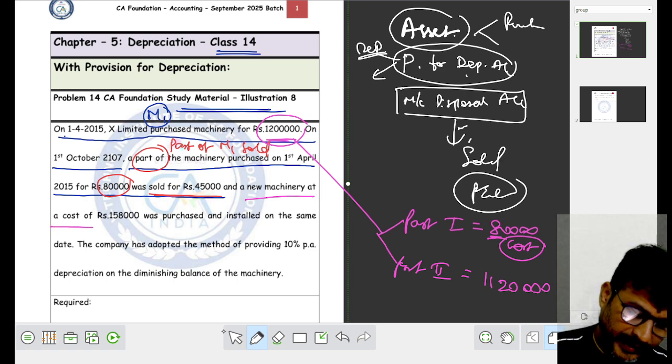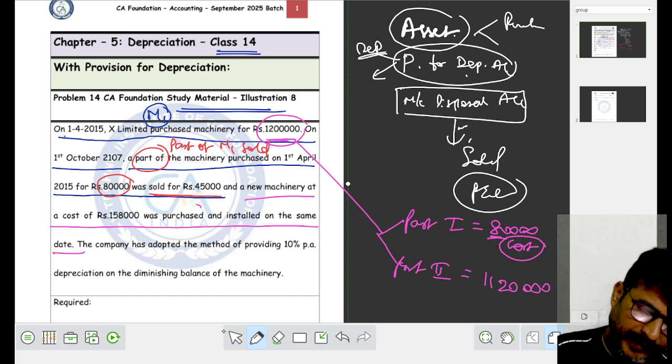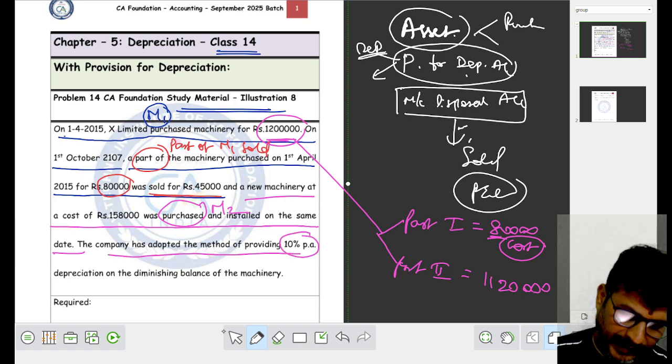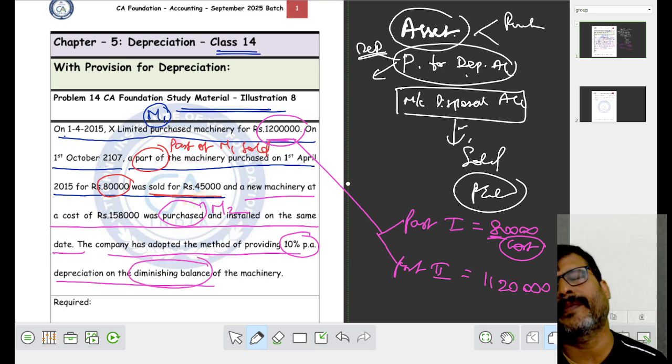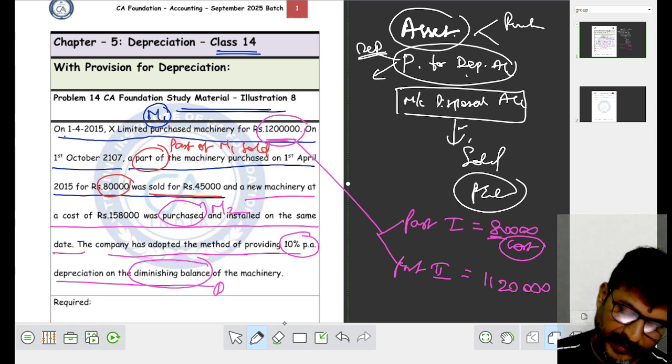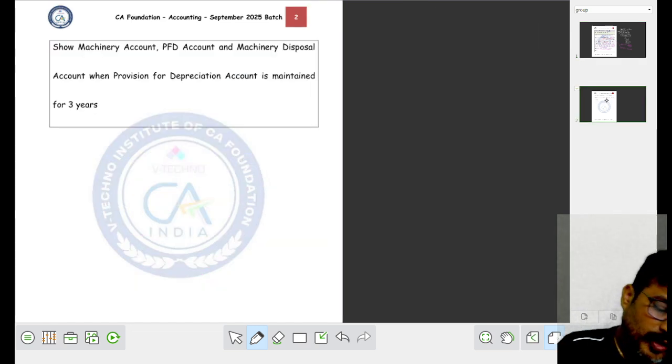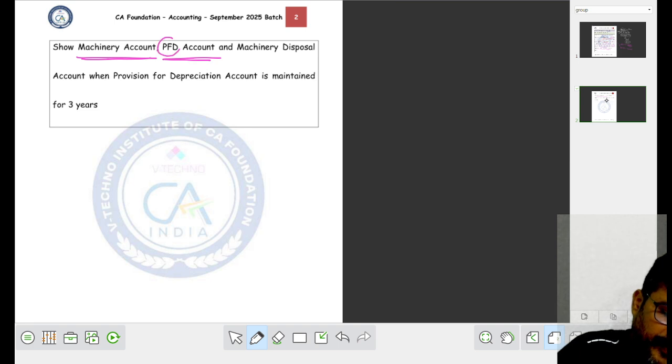And a new machinery at the cost of 1,58,000 was purchased and installed on the same date. Here you purchased M2. The company adopted the method of providing 10% per annum on the diminishing balance method, DBM, on the machinery. Show the machinery account, provision for depreciation account, PFD, and machinery disposal account.